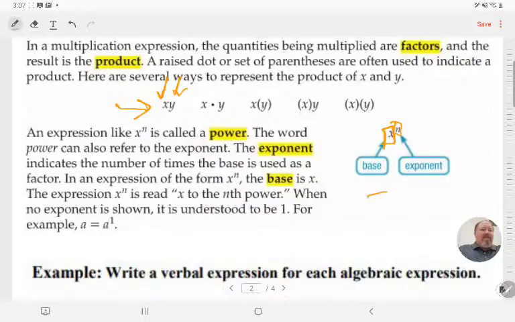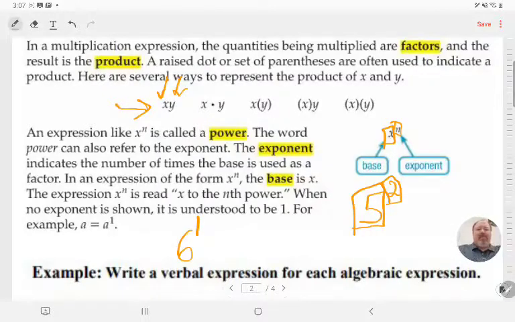For example, if I had 5 squared, or 5 to the second power, my base is 5 and my exponent is 2. Okay? And also, don't forget that if I have a number like 6, it's to be understood that there is an exponent of 1 that goes with it.